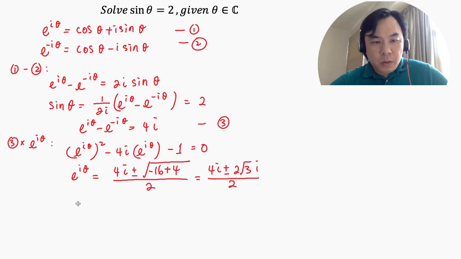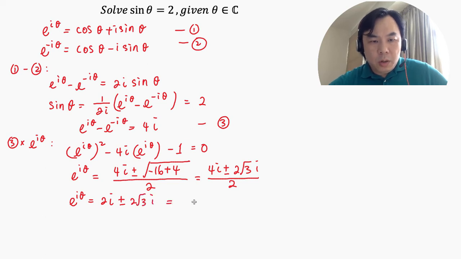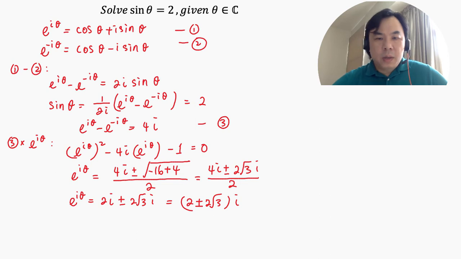So from here, I can reiterate this as 2i plus or minus 2 surd 3i, or I can simply write as 2 plus or minus 2 surd 3, times i here. And then from here onwards, I would be able to obtain my solution.